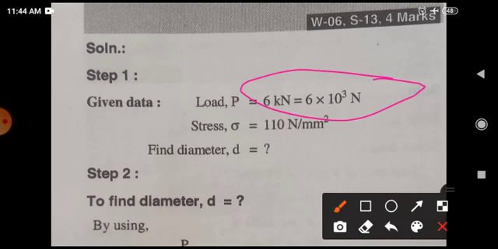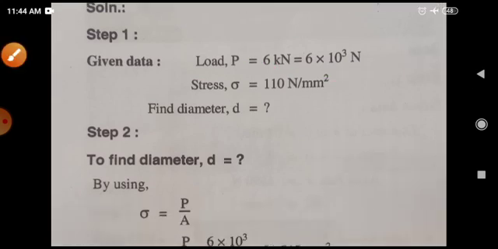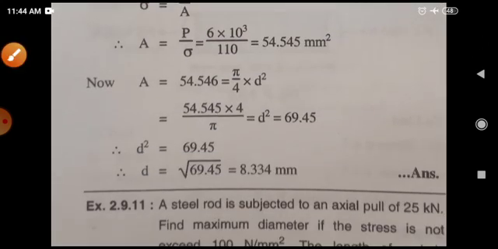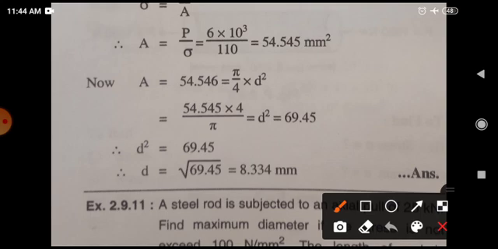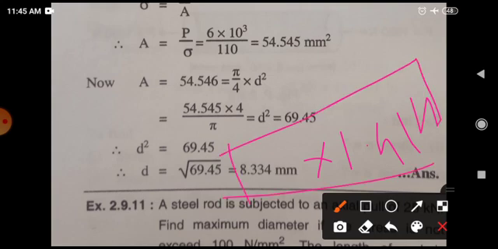If the factor of safety is considered, then we will have a quite bigger diameter, root 2 times, that means up to 1.414 times. Now this is 8.334.